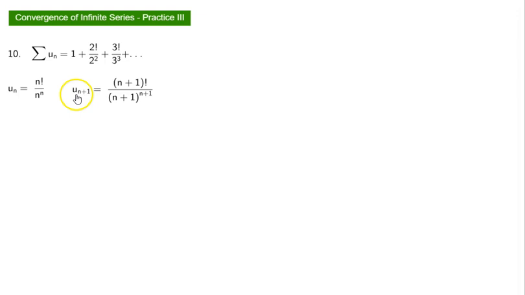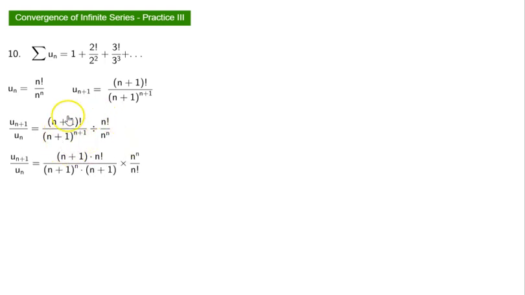Now u sub n plus 1, that is the next term to u sub n, is equal to n plus 1 factorial by n plus 1 to the power of n plus 1. The ratio u sub n plus 1 by u sub n is equal to n plus 1 factorial by n plus 1 to the power of n plus 1 divided by n factorial by n to the power of n.